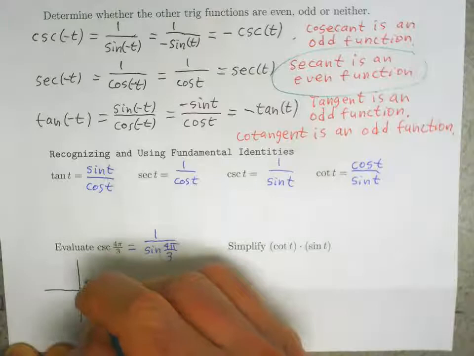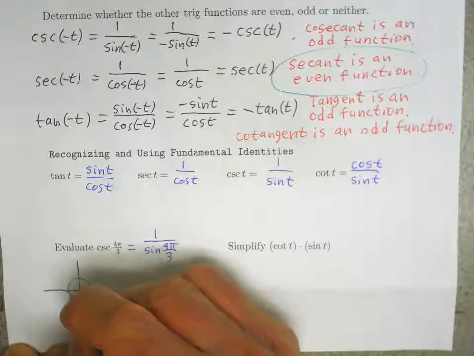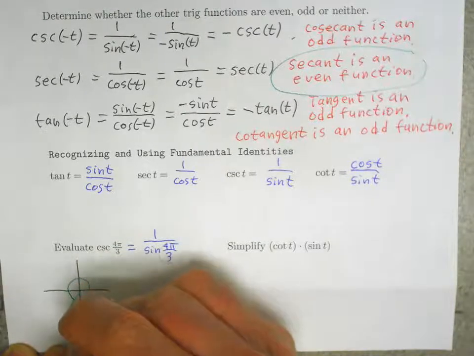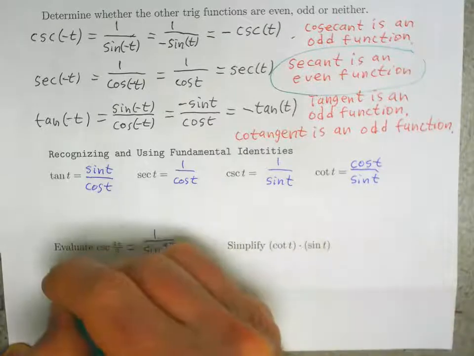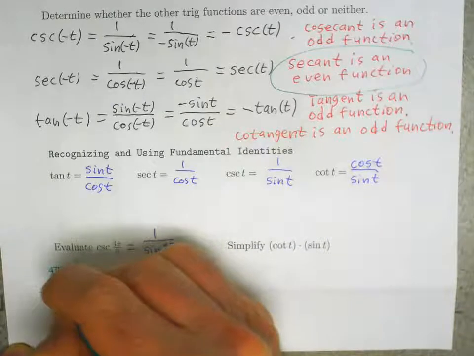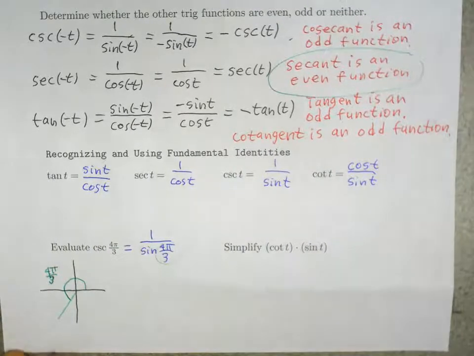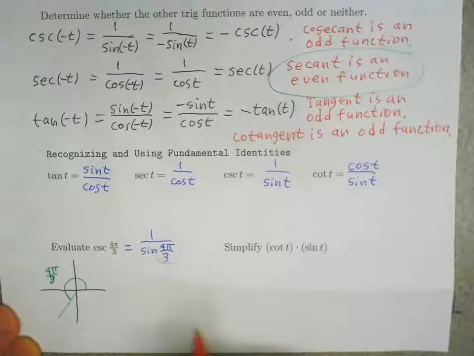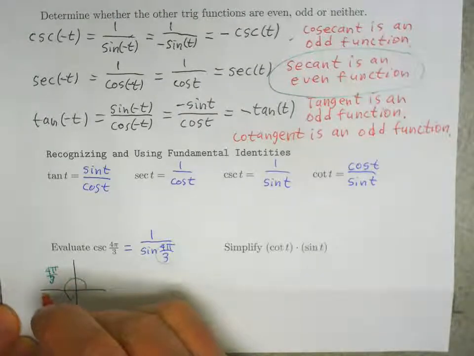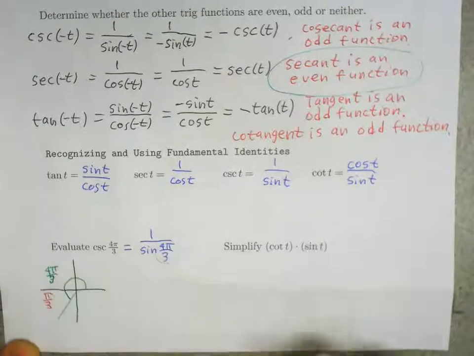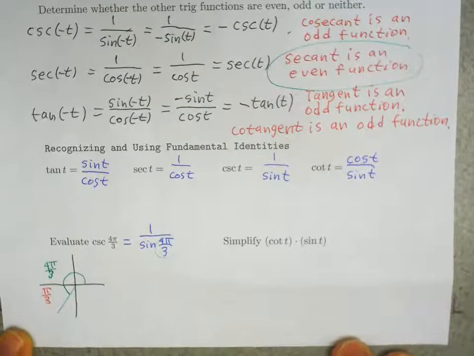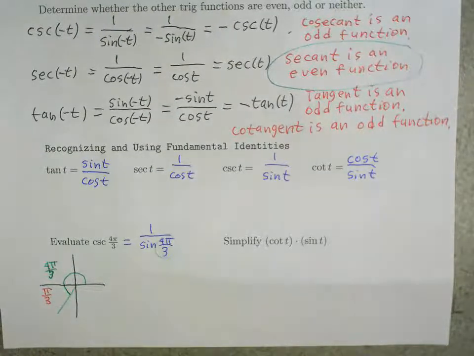So we rotate counterclockwise. So that's the 4 pi over 3. And the reference angle is pi over 3.